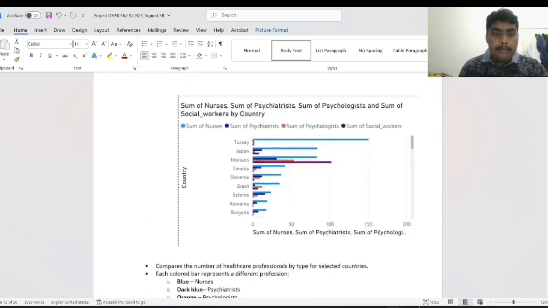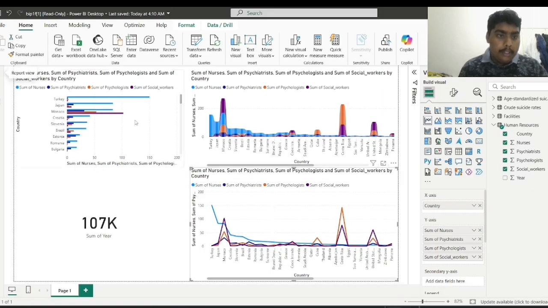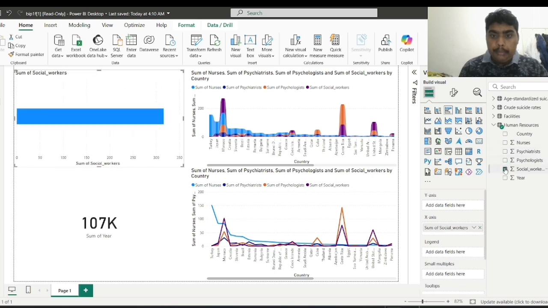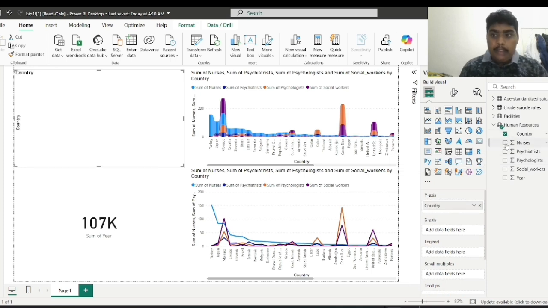As you can see, first we got the horizontal bar chart. This is the sum of the nurses, secretaries, psychologists, and social workers by country. So how I made it is this, normal, I mean, without applying the data. So next I will apply the data.